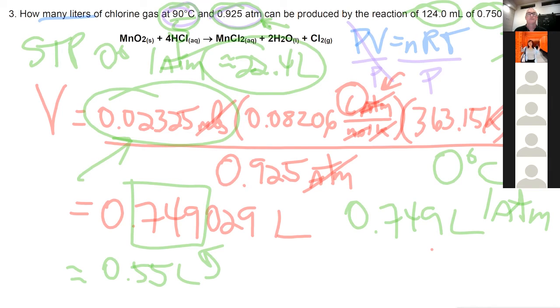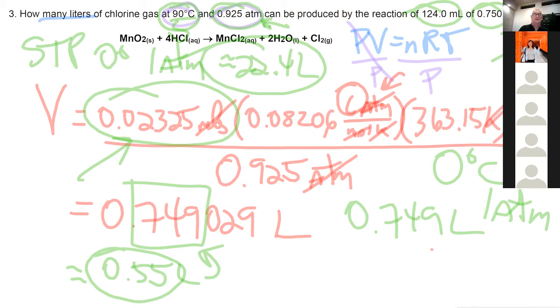That's the volume. So if you've calculated moles of gas and you want to do a quick and dirty calculation to figure out what the volume should be, just multiply it by 22. And in this instance, if we multiply it by 22, we get somewhere a little more than half a liter.